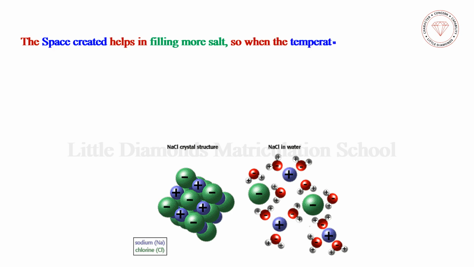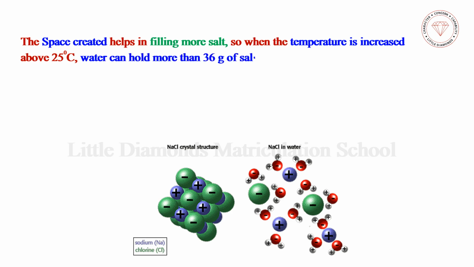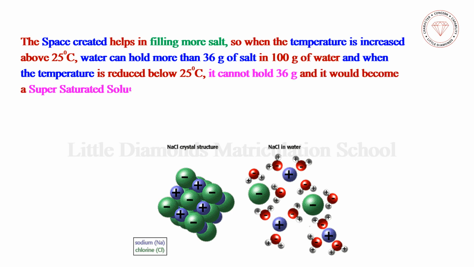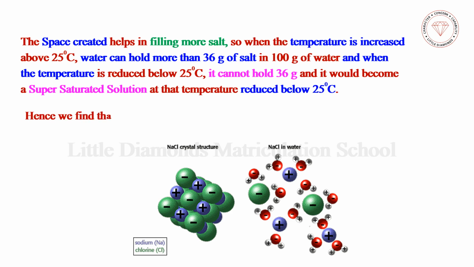So, when the temperature is increased above 25 degrees centigrade, water can hold more than 36 grams of salt in 100 grams of water. And when the temperature is reduced below 25 degrees centigrade, it cannot hold 36 grams and it would become a supersaturated solution at that temperature. Hence, we find that saturation level can be increased by increasing the temperature.